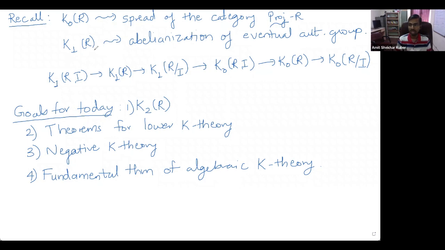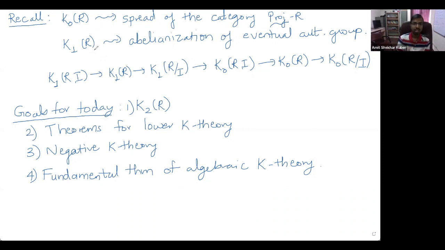The last result we saw was this six-term long exact sequence consisting of K0 and K1 of rings, quotient rings, and relative K groups. Today, our goal is to extend this sequence to the right to infinity and to the left with two or three more terms.